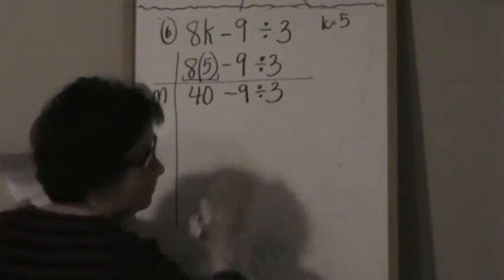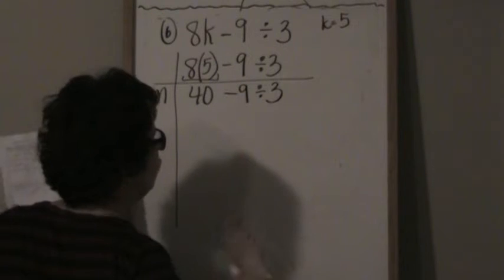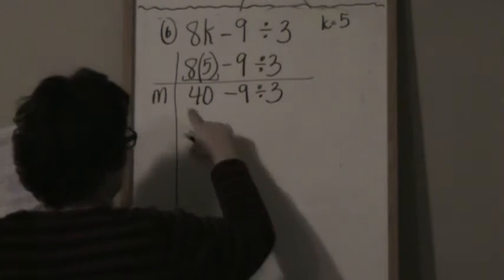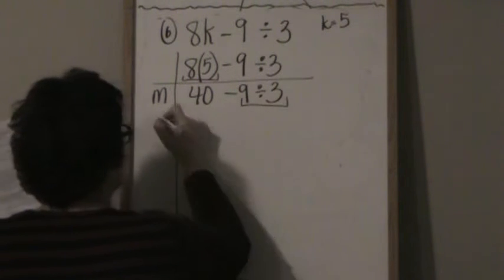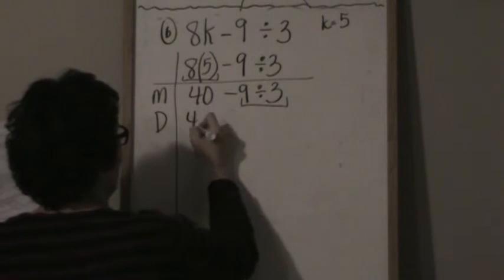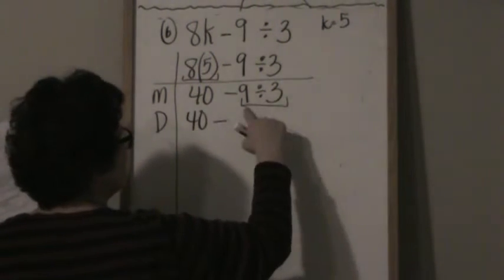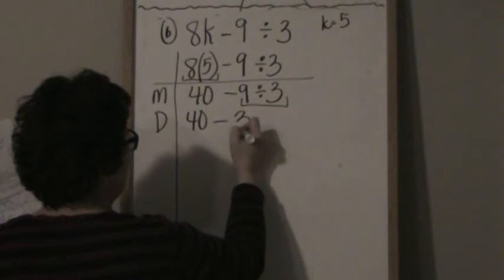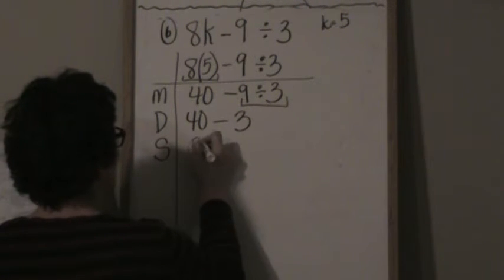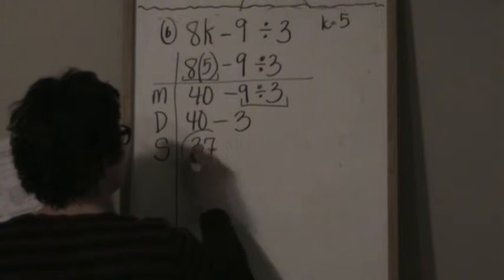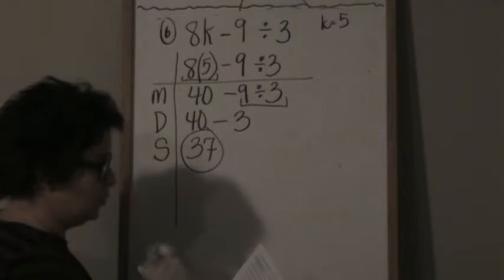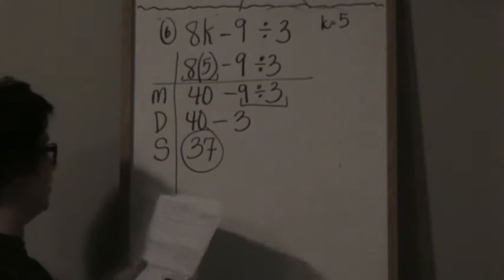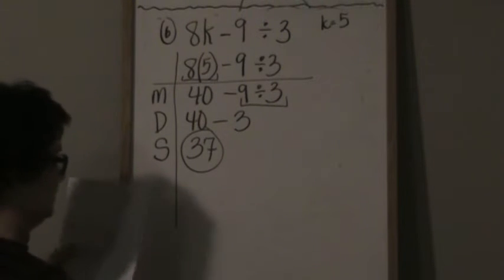This is where most kids make their mistake right here. What comes next? My division. So my divide comes next, and that's 9 divided by 3 is 3. So now I do my subtraction, and my answer is 37. Okay? Do your charts for order of operations, please.